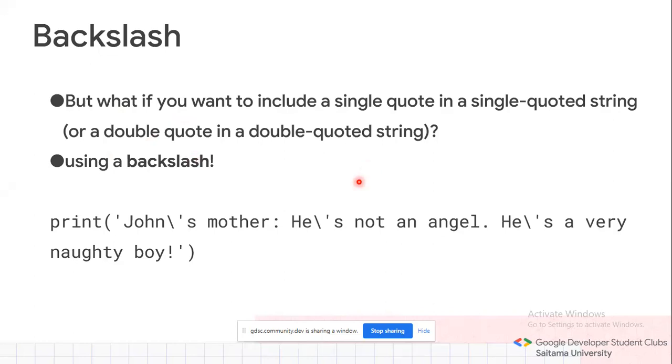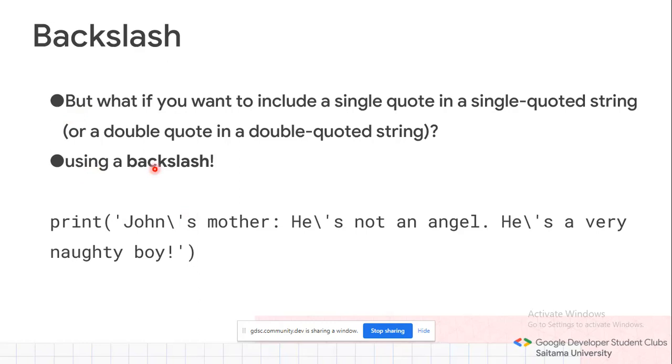We already know that we use the single quote for strings, so this may make some complexity. So how can we use an apostrophe inside a string, for example, John's mother?